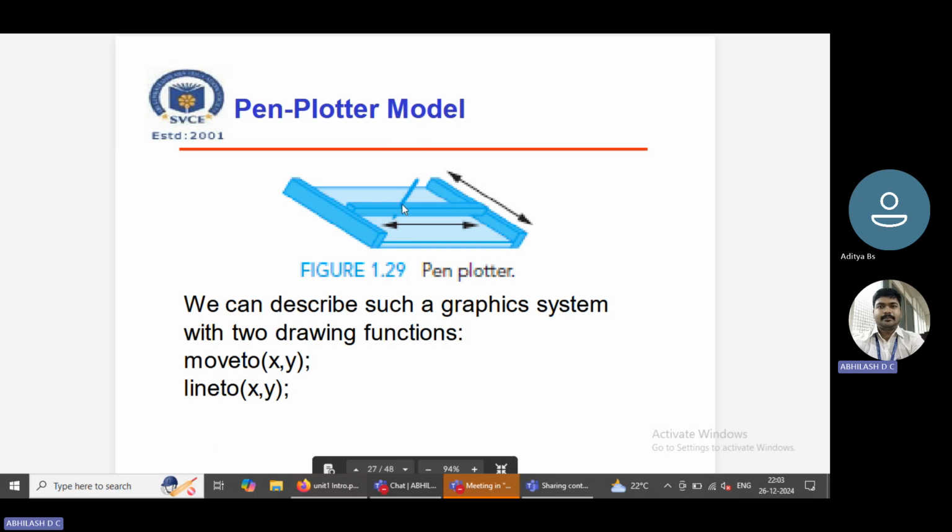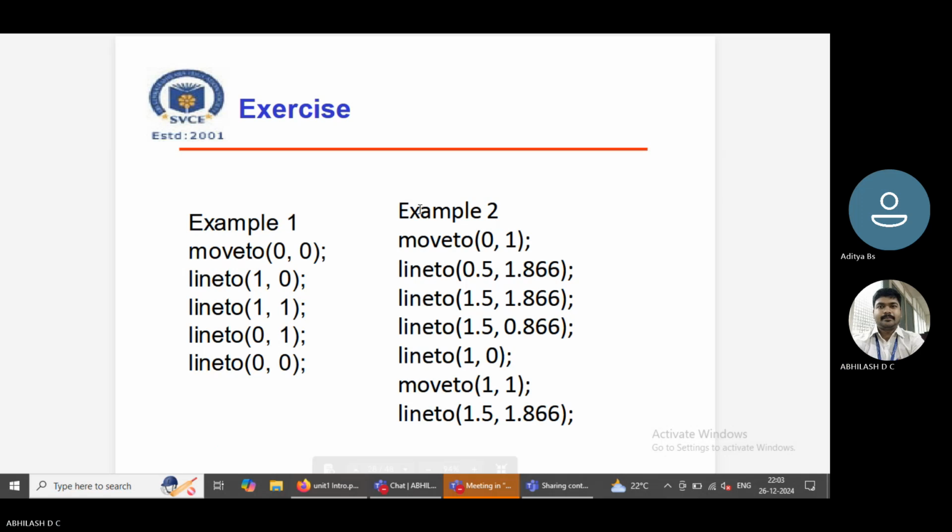Move to is nothing but moving just my pen from left to right or top to bottom, right? And the other one, line to, refers to when you make your pen start writing, moving from x comma y value to the next x dash comma y dash. A small example here which you can see is move to 0 comma 0, line to 1, 0, line to 1, 1, line to 0, 1, and line to 0, 0.